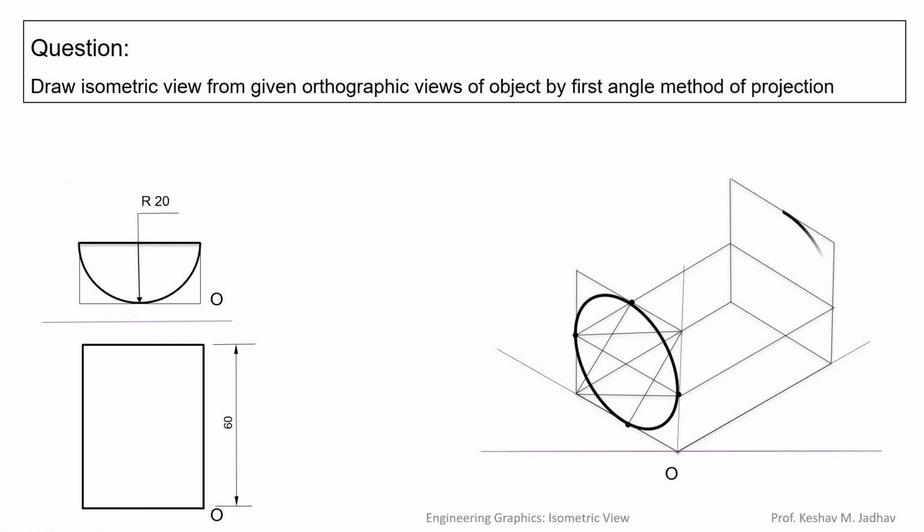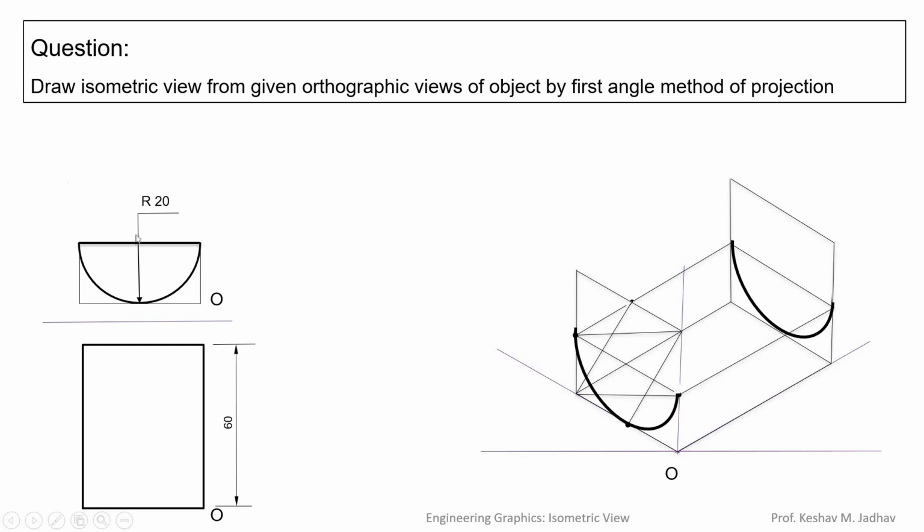Similarly, we can draw a circle at the back side by shifting the 4 centers. Now here, it is not required to draw the upper half circle, so we can erase that. So to draw the lower half circle, we need this center and this center. It is not required to use this center and this center to draw the upper half circle, or if we draw, then we can erase that.